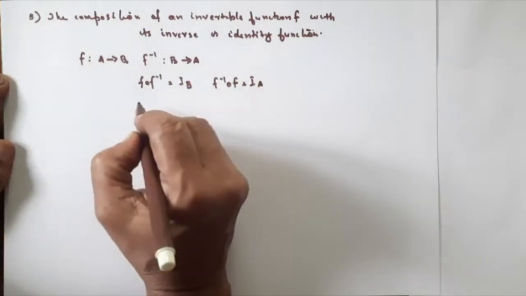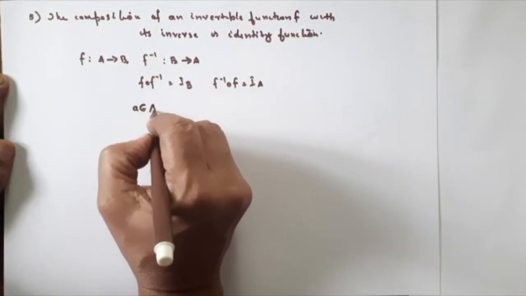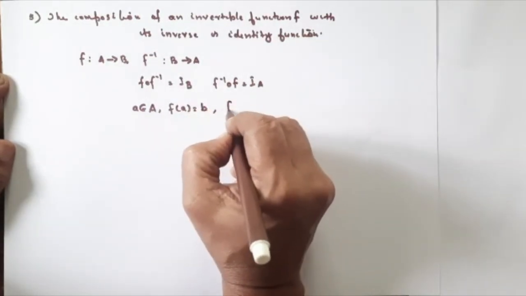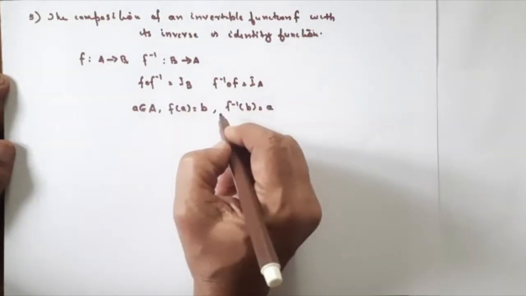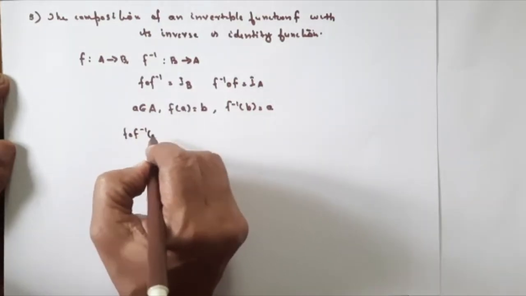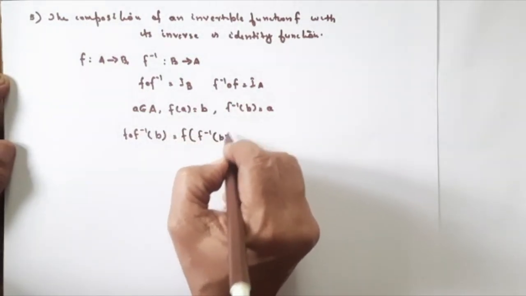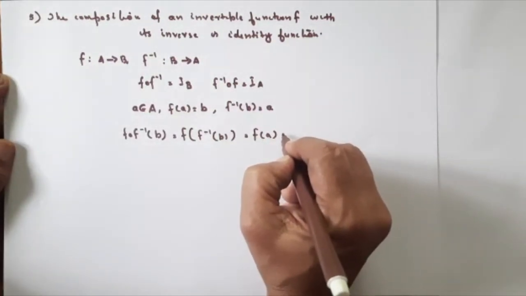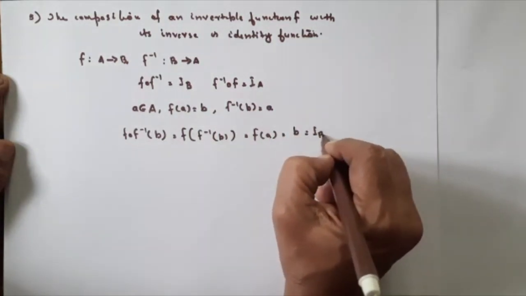Let small a belong to capital A and f of a equal b belonging to capital B. And what is f inverse of b? f inverse of b equals a, because f inverse is the inverse of function f. Now, what is f dot f inverse of b? It equals f of f inverse of b, which equals f of a, which equals b, which equals I_B of b.